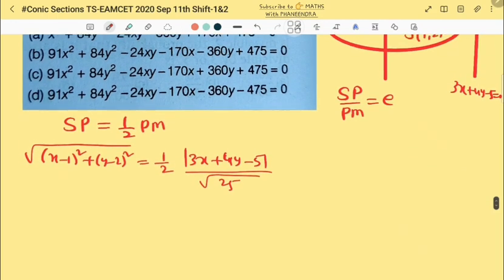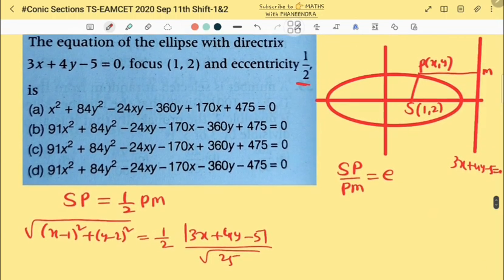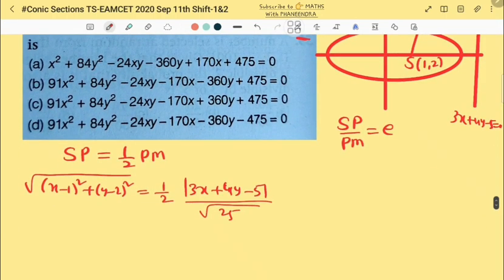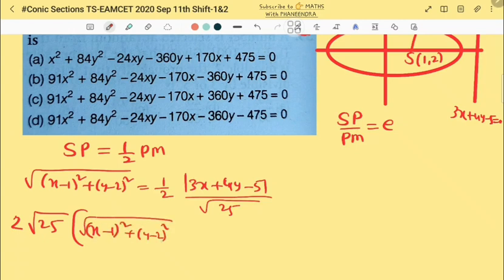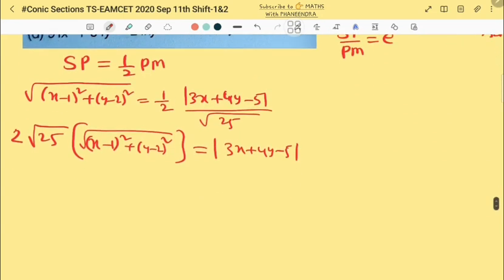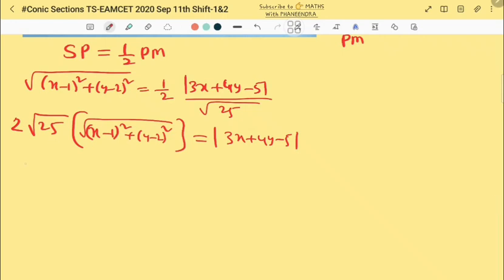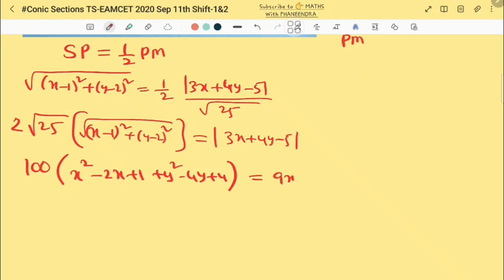So squaring on both sides, 2 into 25 times root of x minus 1 whole square plus y minus 2 whole square is equal to 3x plus 4y minus 5. Squaring on both sides, 2 square is 4, 4 into 25 is 100. x square minus 2x plus 1 plus y square minus 4y plus 4 is equal to 9x square plus 16y square plus 25.